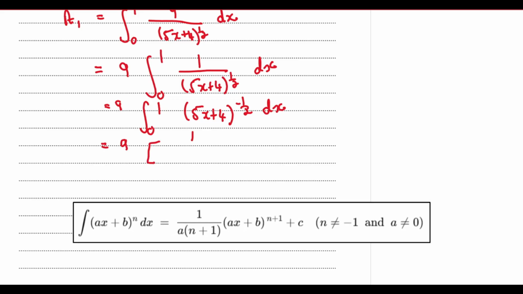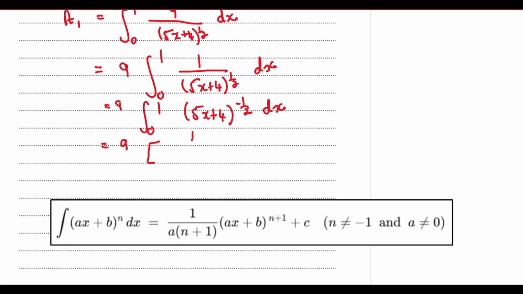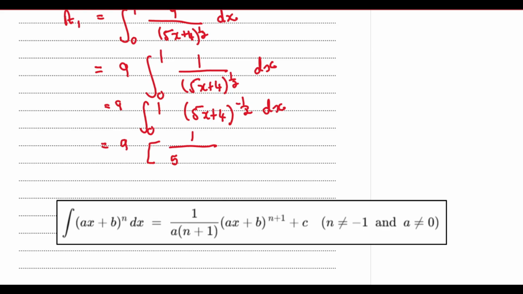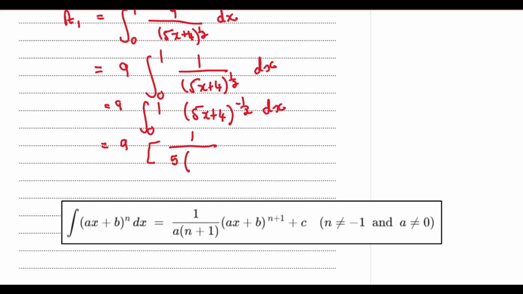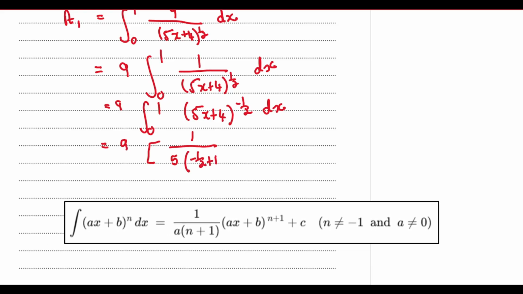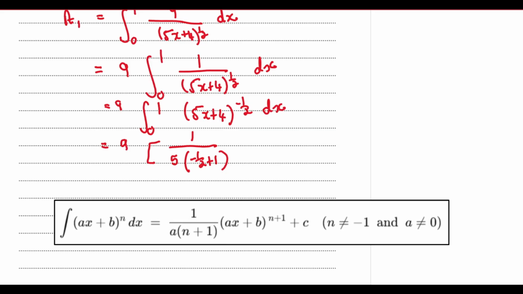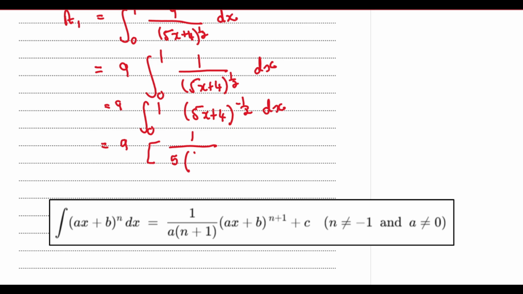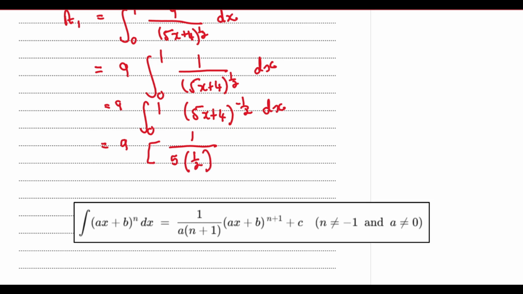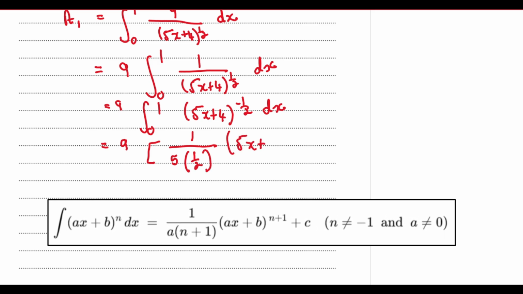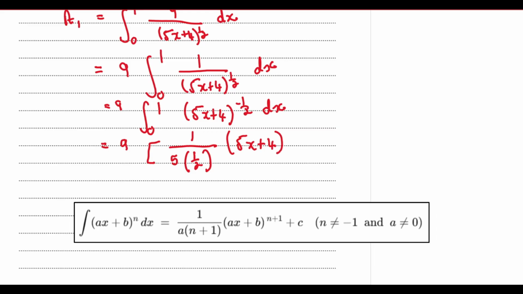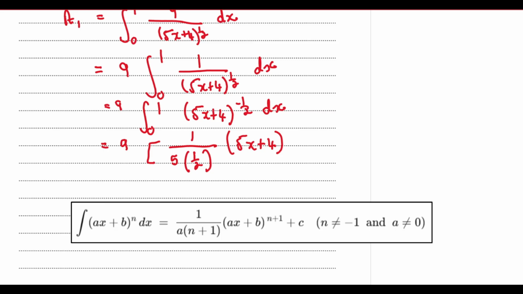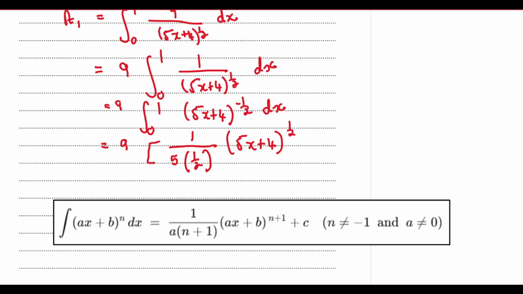It will give you 1 over 5 times negative half plus 1, which is just half. So I'm just going to write that, and then 5x plus 4 to the power of also negative half plus 1, which is just half again.